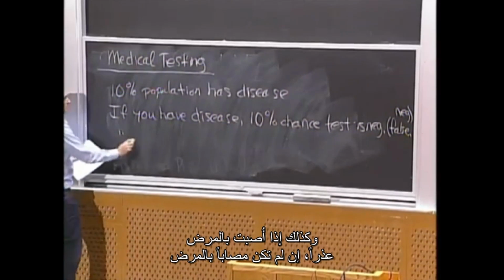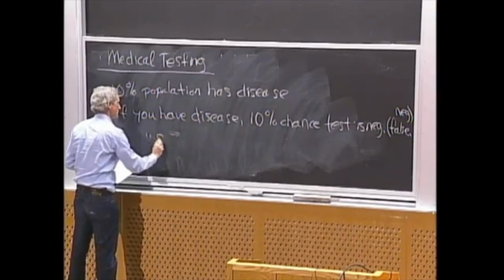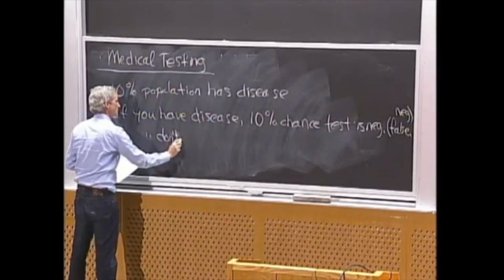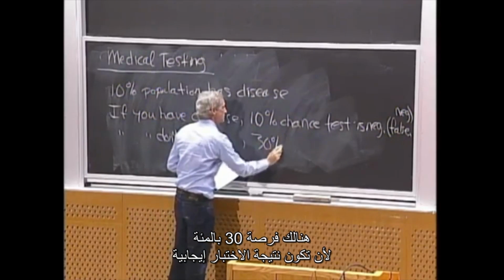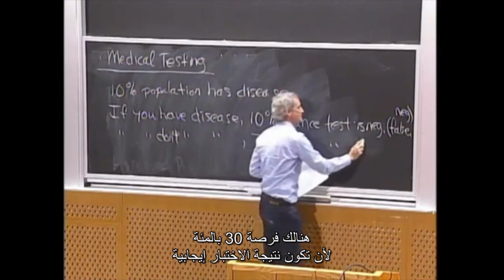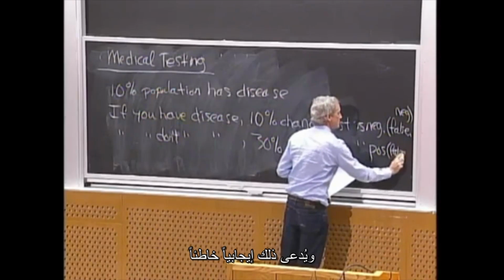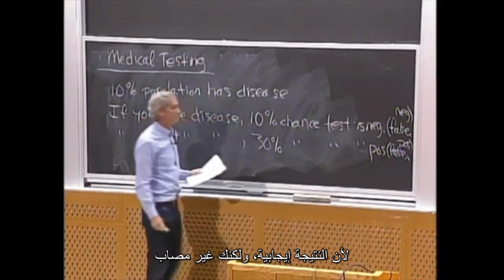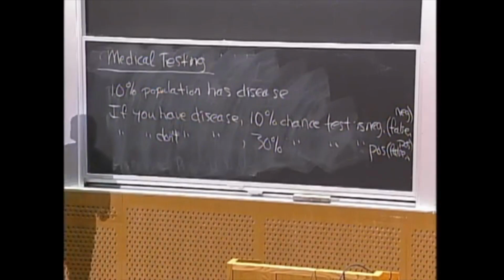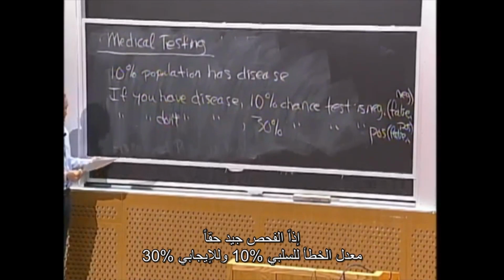And similarly, if you don't have the disease, there's a 30% chance that the test comes back positive. And it's called a false positive, because it came back positive, but you don't have it. So the test is pretty good, right? It's a 10% false negative rate, 30% false positive rate.